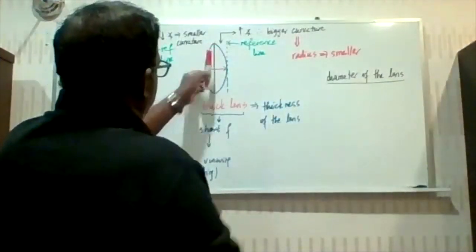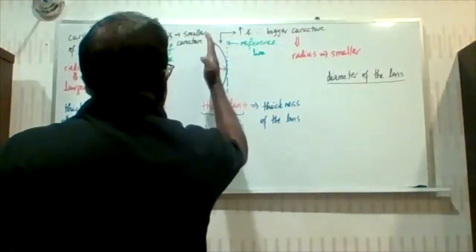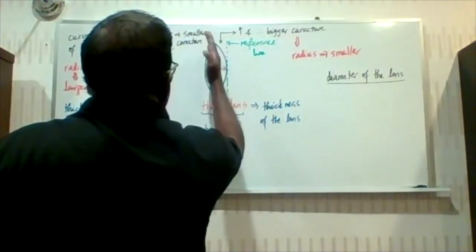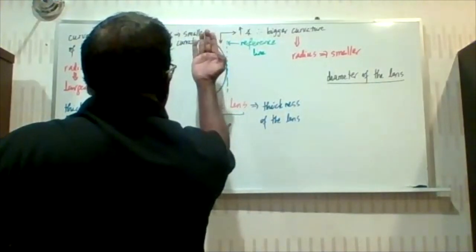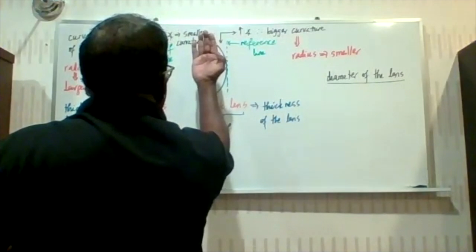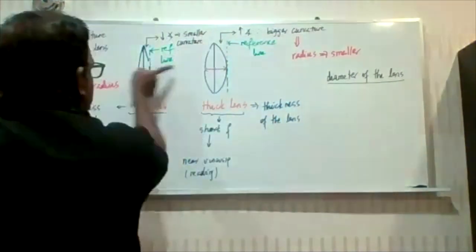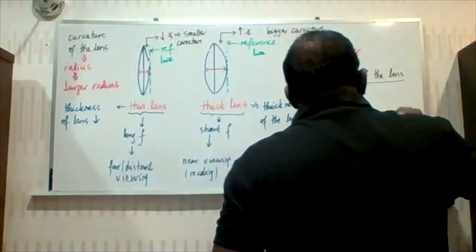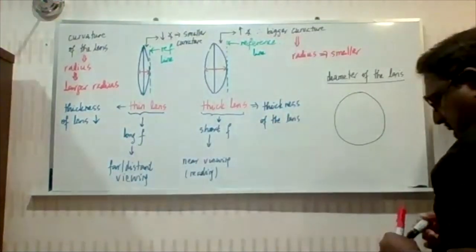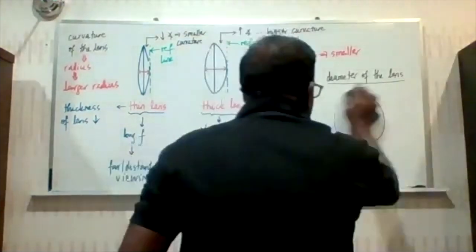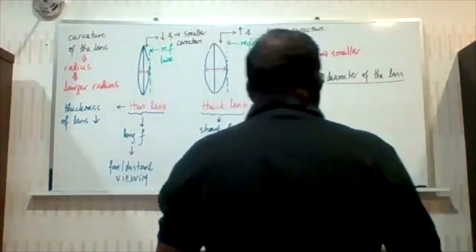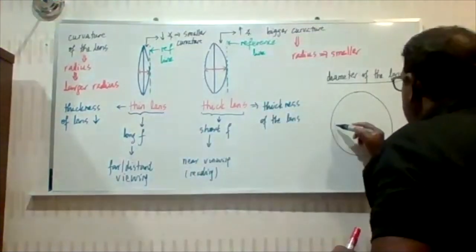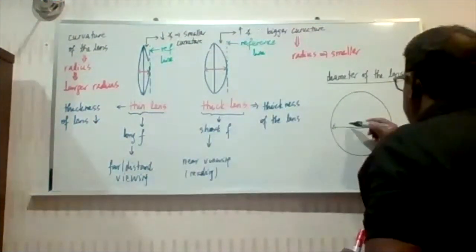You're looking at the lens this way, side view. If I were to turn the lens and bring it like that, that will be the front view of the lens. Your lens usually is taken as a circular shaped lens. That's the diameter of the lens.